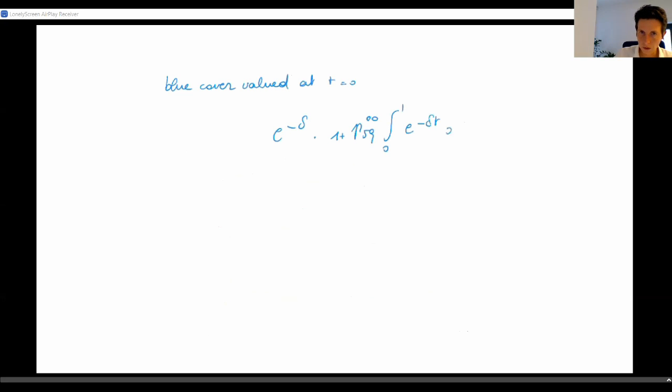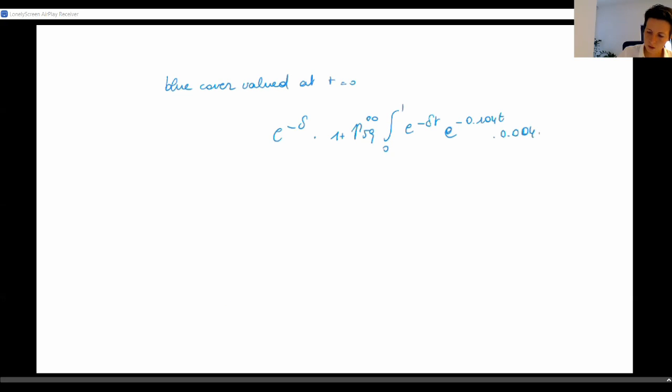So with my blue cover valued at time 0, I would get e to the power minus delta, and then I got 1 plus P5900, and then I've got my integral of e to the power minus delta t, and then the numbers are the following. You can check that later.